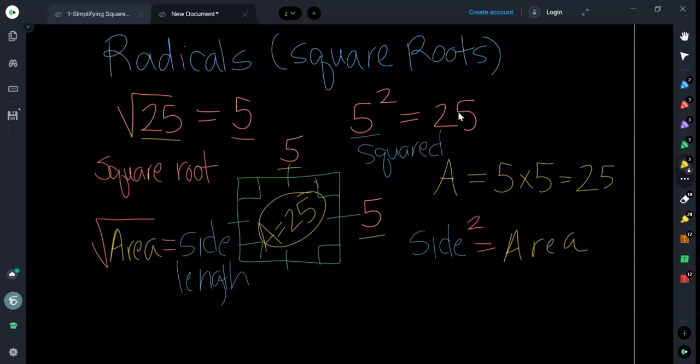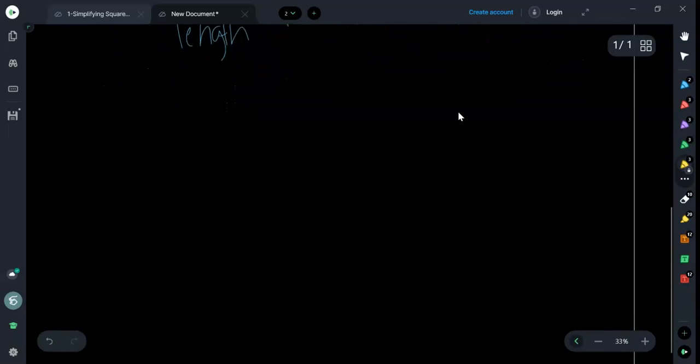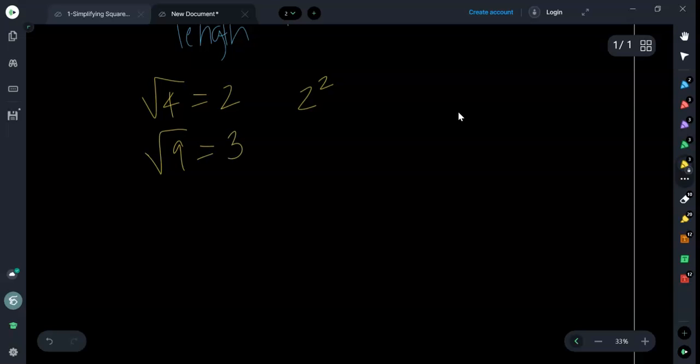So when we simplify square roots, we have a whole host of square roots that you have seen before. For example, the square root of 4 is 2. Why? Because 2 squared is 4. The square root of 9 is 3. Why? Because 3 squared is 9.